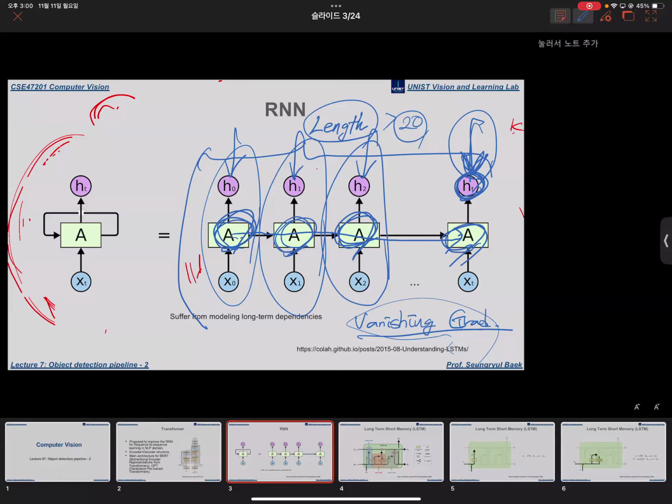Are you guys following this? And gradients are very small in scale, mostly less than 1. If you multiply a gradient value less than 1 multiple times, like 20 times, then it simply goes to 0, okay? That is the vanishing gradient phenomenon, right? So because of that, when you involve a very long sentence, the RNN suffers from the vanishing gradient phenomenon. Do you agree with this?